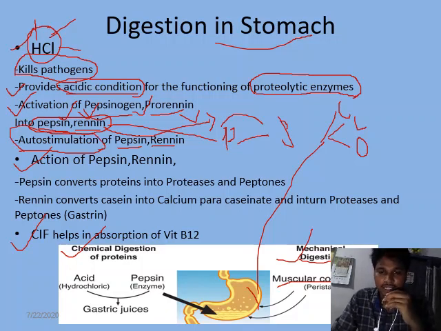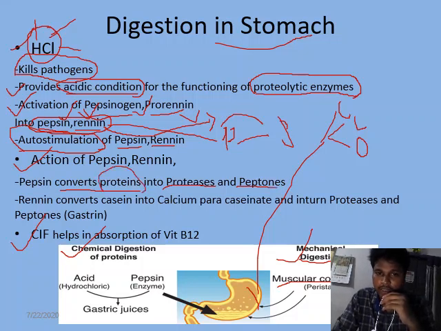What do these pepsin and renin do? Pepsin converts proteins into proteases and peptones. Okay, so proteins are converted into proteases and peptones, and renin converts casein into calcium paracaseinate, and in turn proteases and peptones.